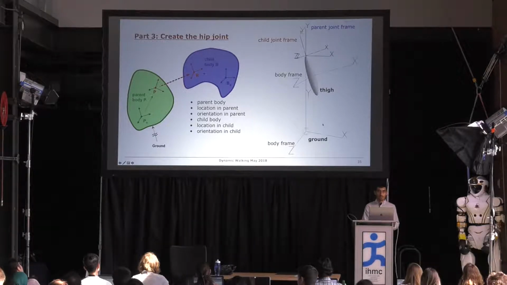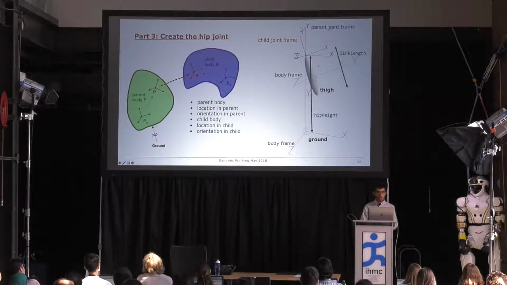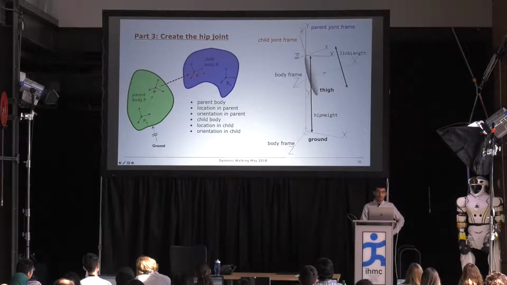The parent joint frame here in blue is located, expressed in the ground body frame, at a distance hip height in the y direction in the ground frame. That tells us where the parent joint frame is. And then the child frame for the joint, we specify as being a distance length over 2 in the y direction expressed in the thigh body frame.